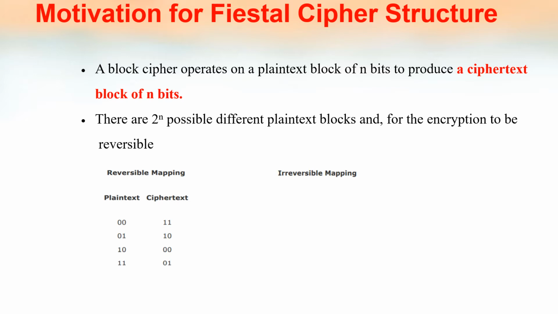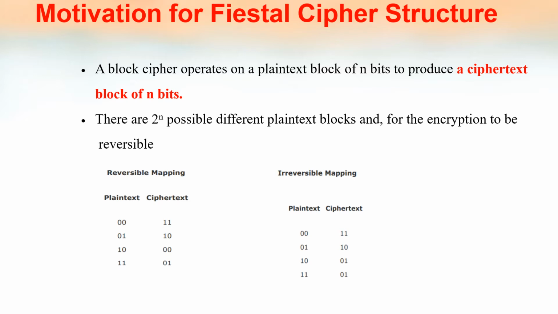Irreversible mapping means from ciphertext we cannot come back to the plain text. We can see the example for irreversible mapping. The plain text is given as 00, 01, 10, 11, and the ciphertext is also given here. So here we find that for the same ciphertext we have more than one plain text.